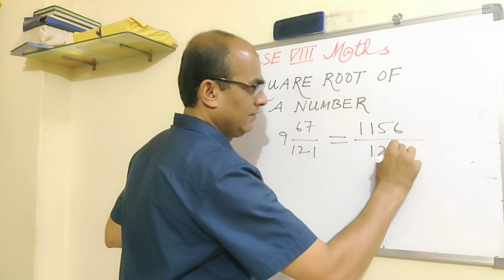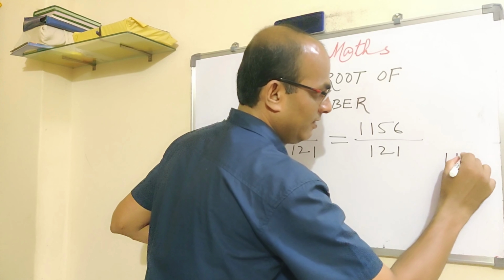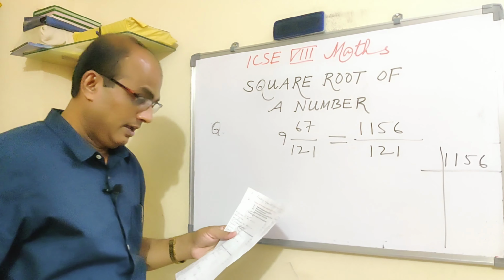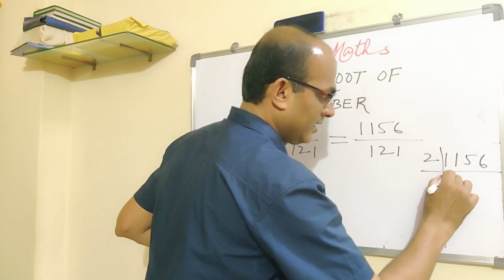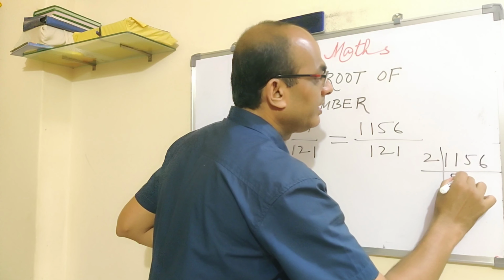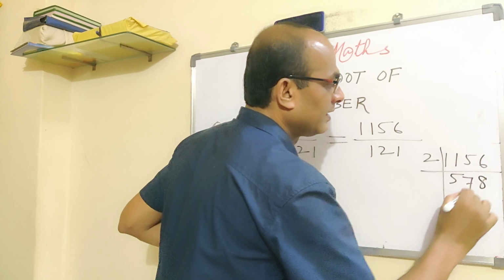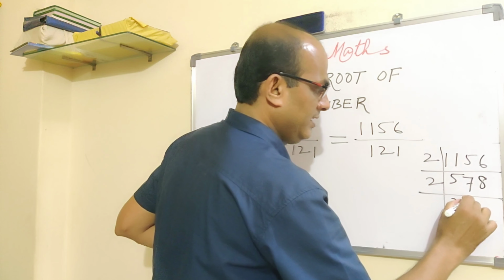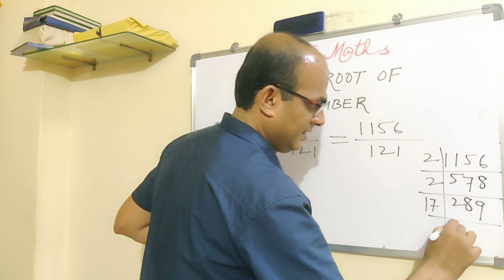So let's find out 1156. Okay, so 2 5s are, then 2 7s are, and then 2 8s are, 578, and then again by 2. 2 2s are, 2 8s are, and 2 9s are, and then this is 17 and 17.